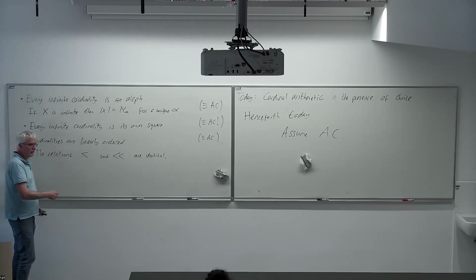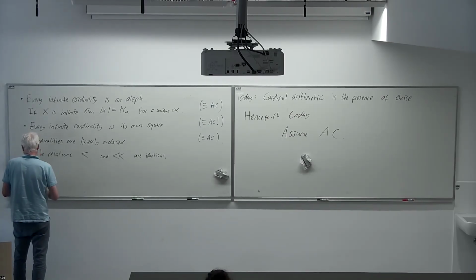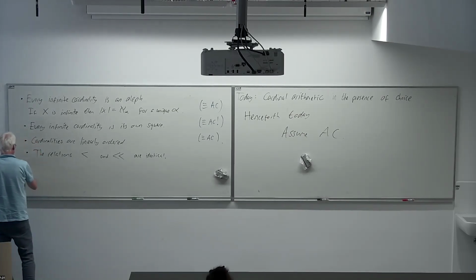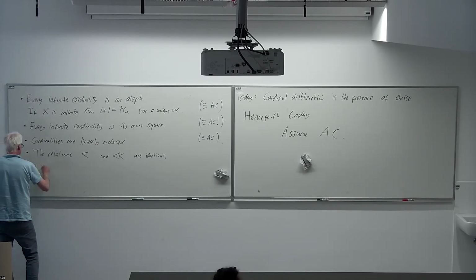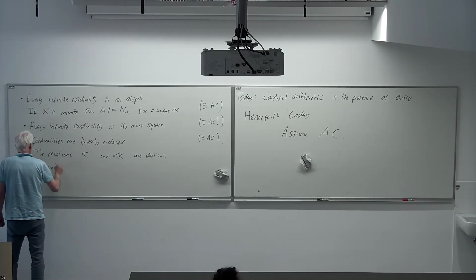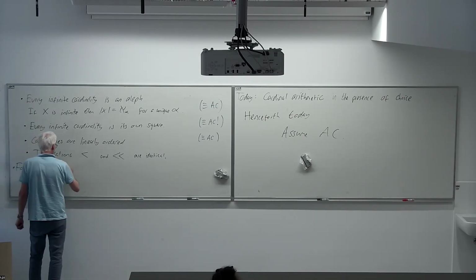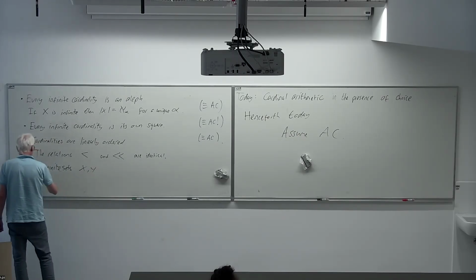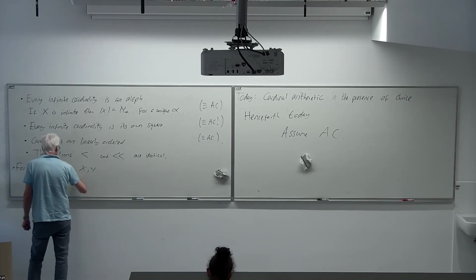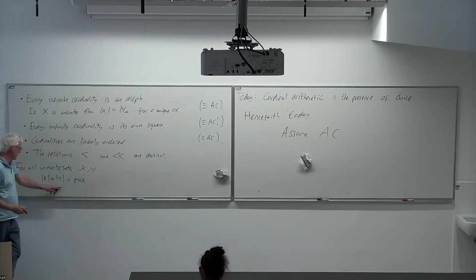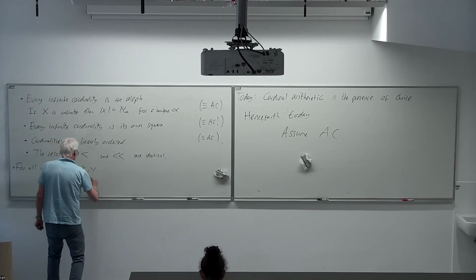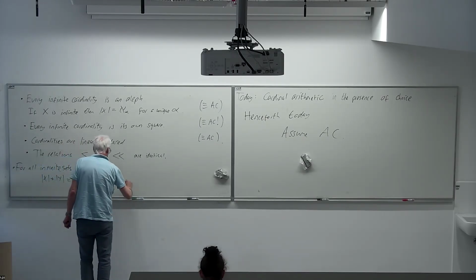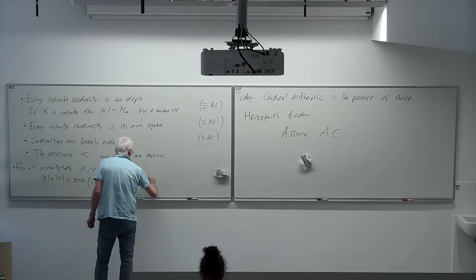So this is another consequence: for all infinite sets x and y, the cardinality of the sum is simply the maximum of the two cardinalities of x and y, and that's the same as the cardinality of the product.